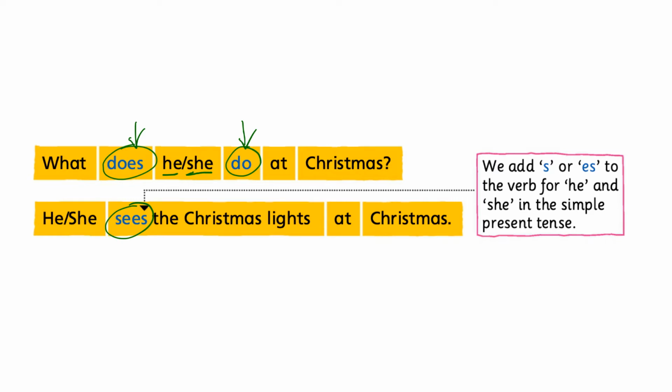Then look at the verb sees in the answer. Remember to use the correct verb form. Here, he, she, sees, with an S at the end. We add S or ES to the verb for he and she in the simple present tense.